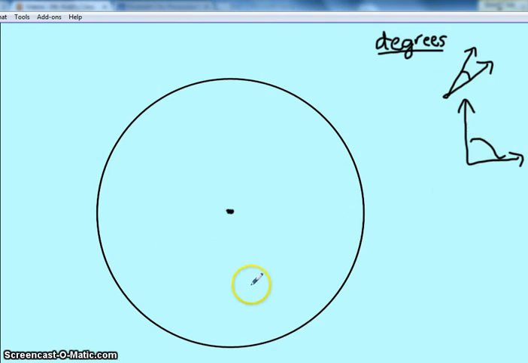And he also told you that the convention comes from a circle, and that they took a circle and divided it into 360 equal turns.